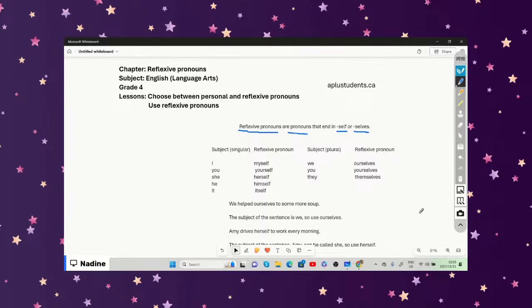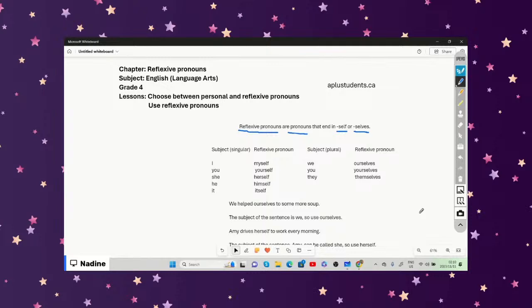The singular subject is the person that is being discussed, that is doing the action or doing something within the sentence, or that we are talking about.